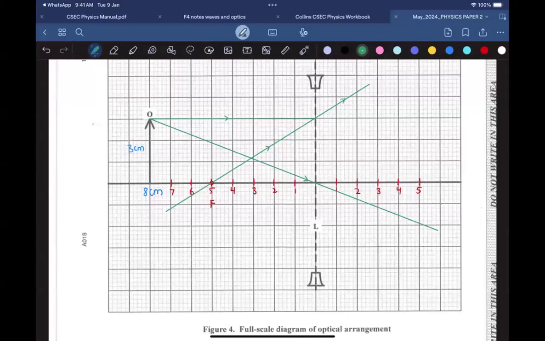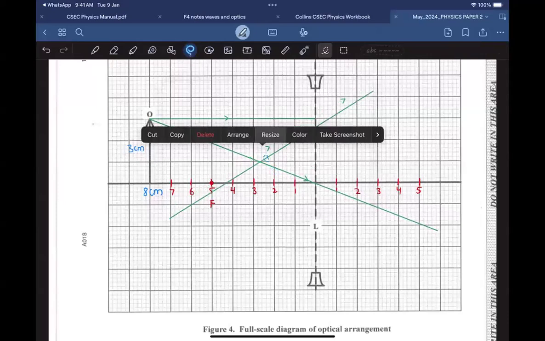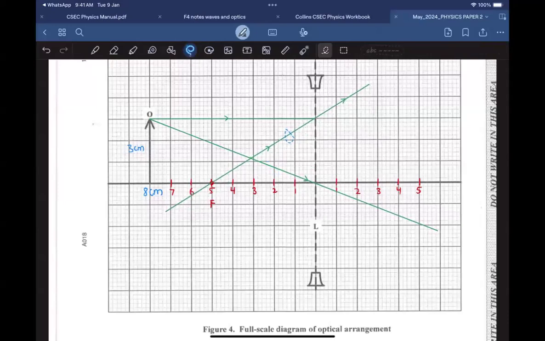Where are you seeing a point of intersection? Yes. Now I could draw my diagram a little better. I'm going to see what I can do.